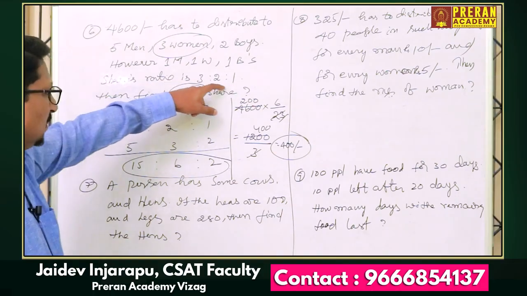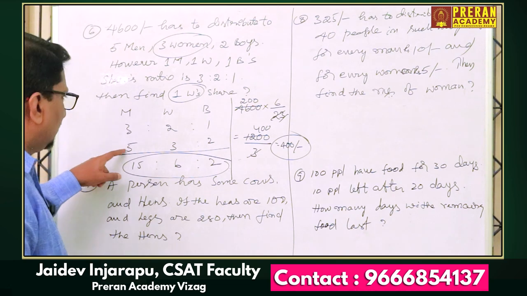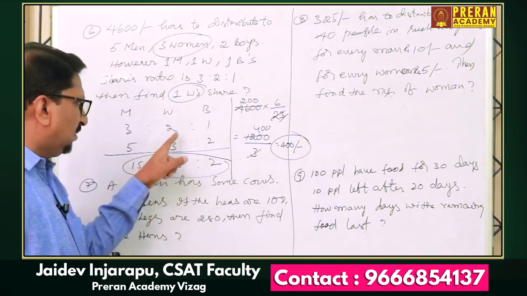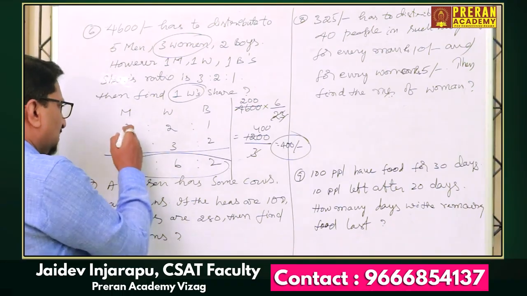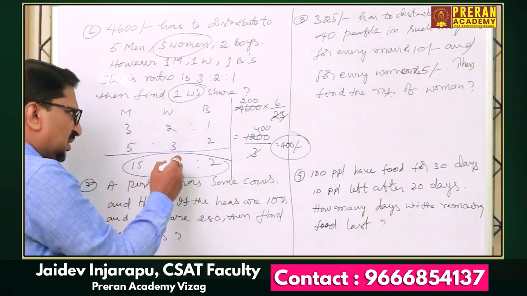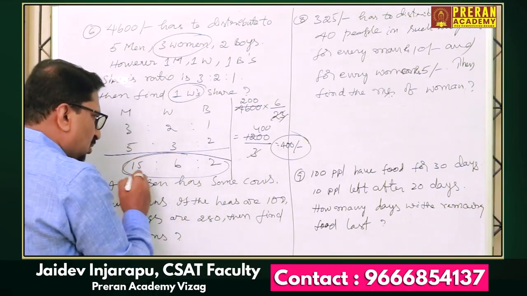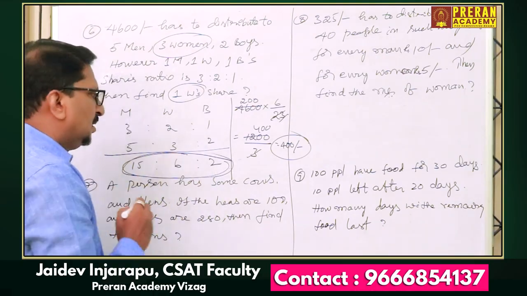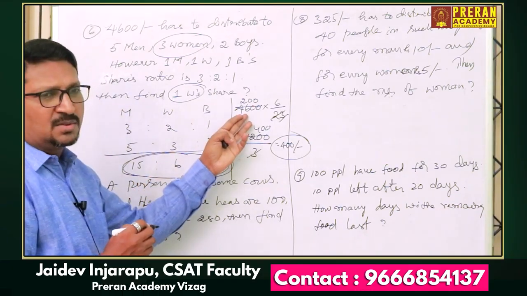This is for each one. So I have applied it for the given number, that is 5 men, 3 women and 2 boys. So it would be 5 3s are 15, 3 2s are 6, 2 1s are 2. So this is the ratio the people are there in.